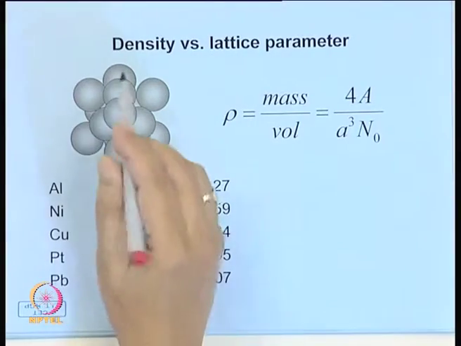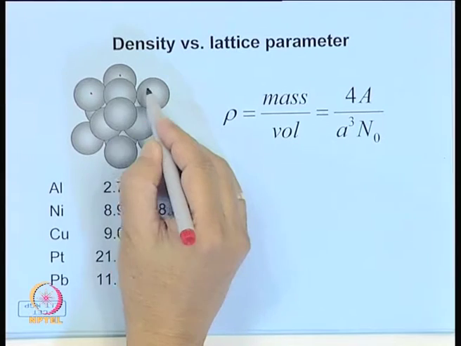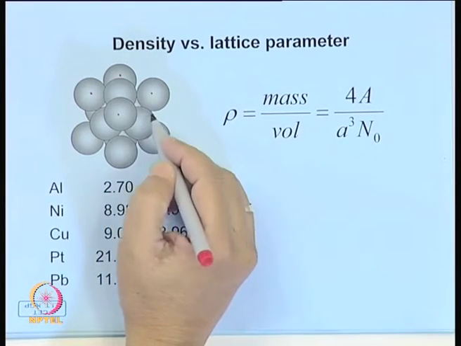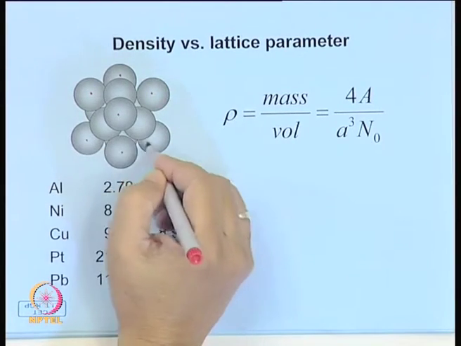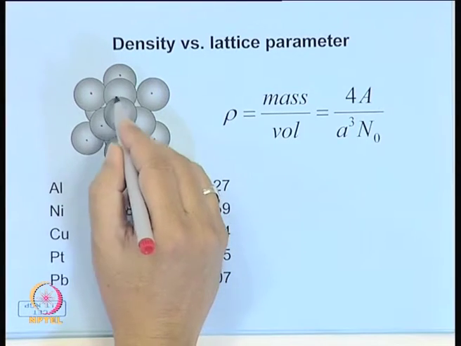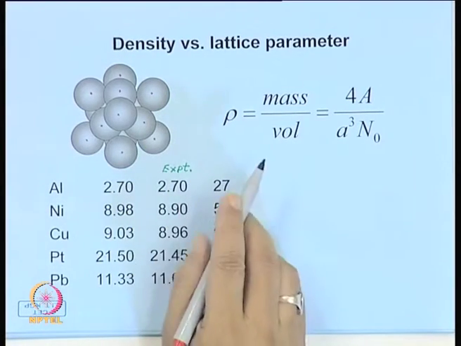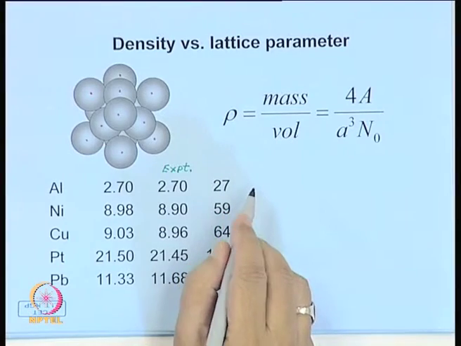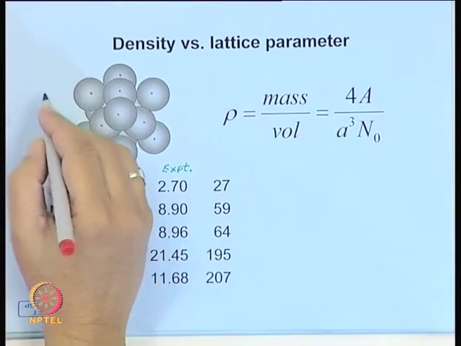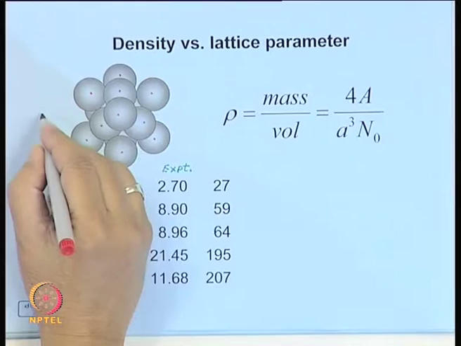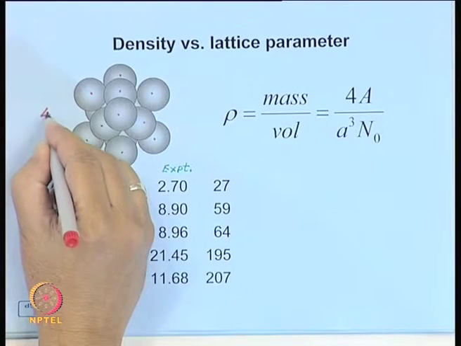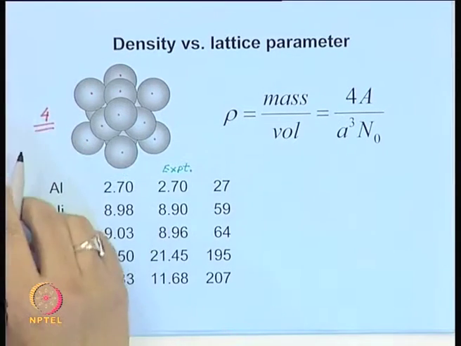For example, let us consider in this case a face centered cubic structure, which is shown here, where you have atoms at the corner of the cube and also you have atoms at the center of each of the 6 faces. So, we have calculated last time that in a unit cell you have 4 atoms.